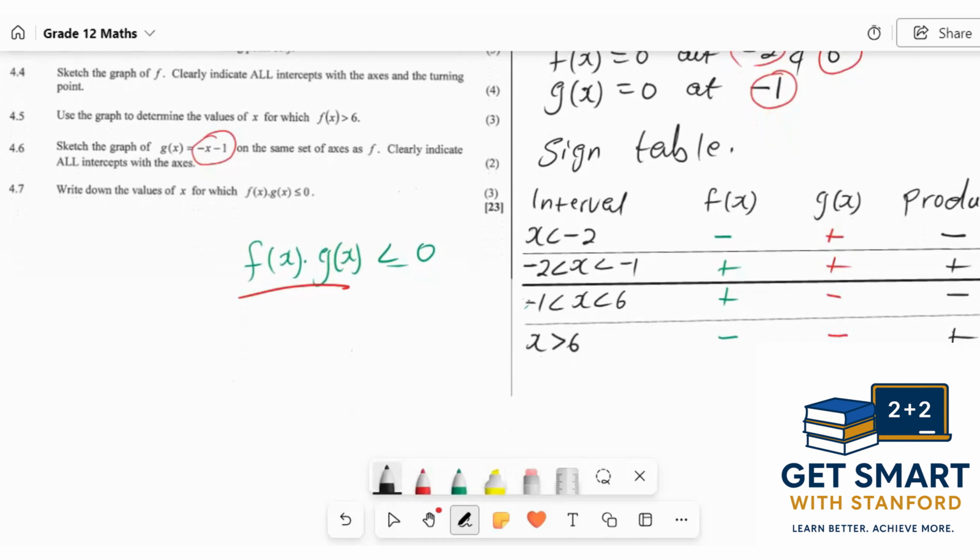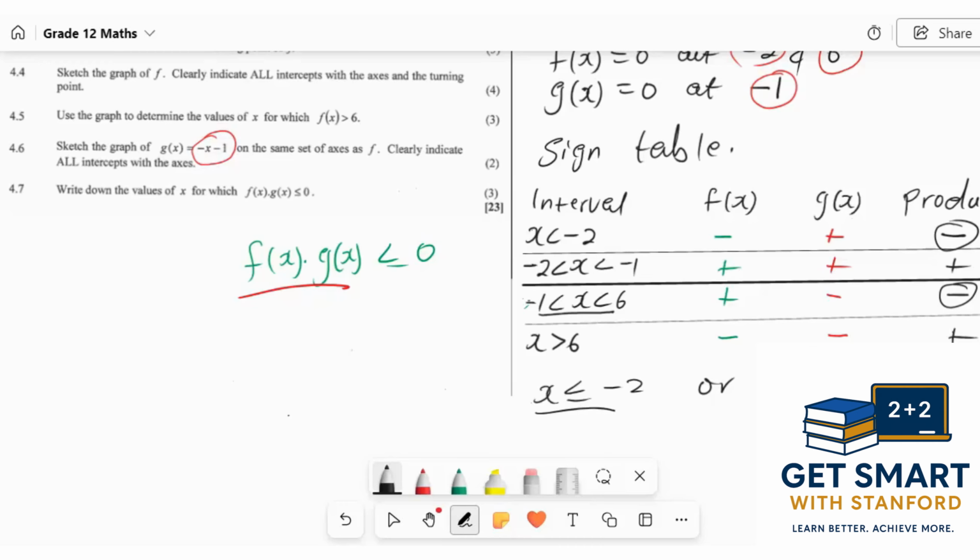So from this we can see that x is less or equals minus 2, or no, this one is going to be minus 1 is less or equals x less or equals to 6, because at this interval the product is negative, and when it's negative that means it's less or equal to 0, actually less than 0 when it's negative.